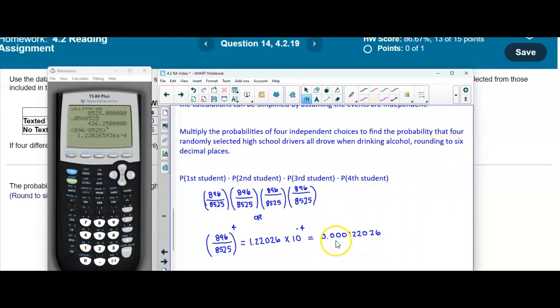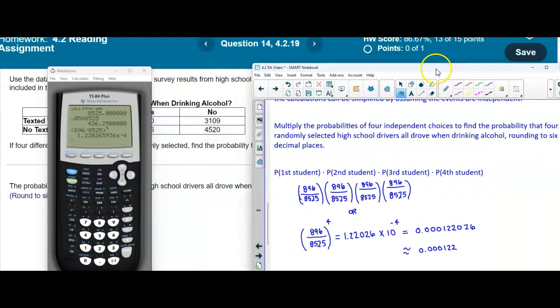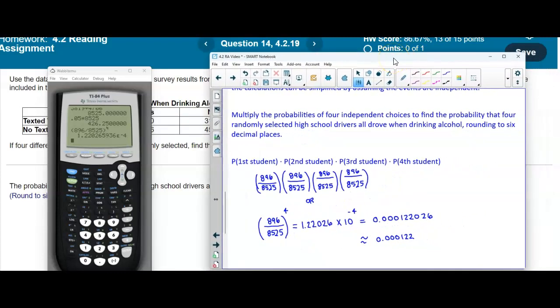So if we go over 1, 2, 3, 4, 5, 6, this 0 tells us that we don't need to round up, and so therefore we can approximate this probability to be 0.000122. Let's go ahead and check our result there. So that represents the probability that 4 randomly selected high school drivers all drove when drinking alcohol.